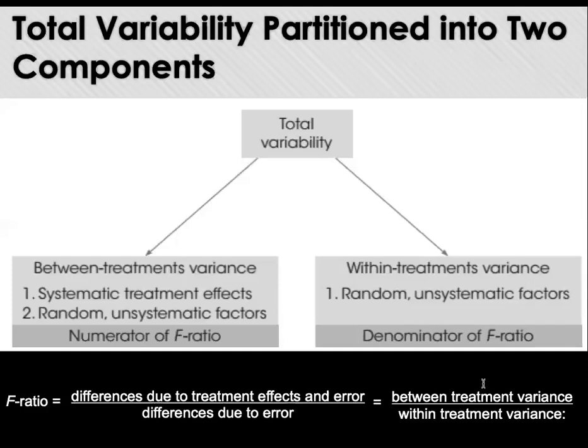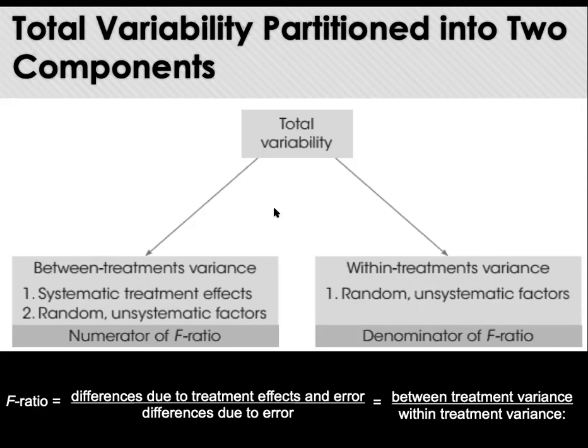So all of this is going to get us to our F ratio here. So this slide is showing you total variability partitioned into two components. So when you collect samples from 3 different groups of people who are receiving 3 different treatment types, let's say, you're going to have total variability in your whole experiment.